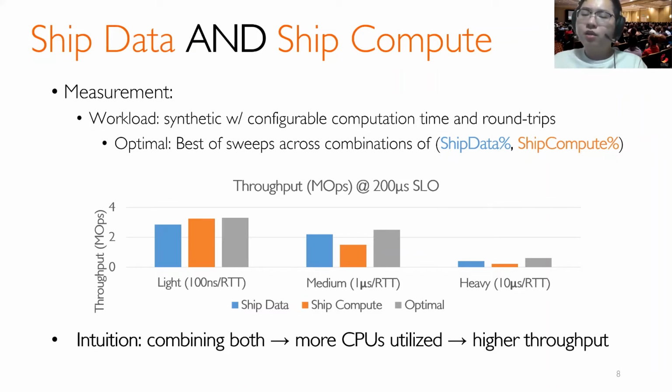However, a new question would arise: how do we achieve this optimal, and how do we find what fraction of the requests should be executed using the ship data approach, and what fraction should be using the ship compute approach? And especially, how do we do that when we don't know about the underlying workload?